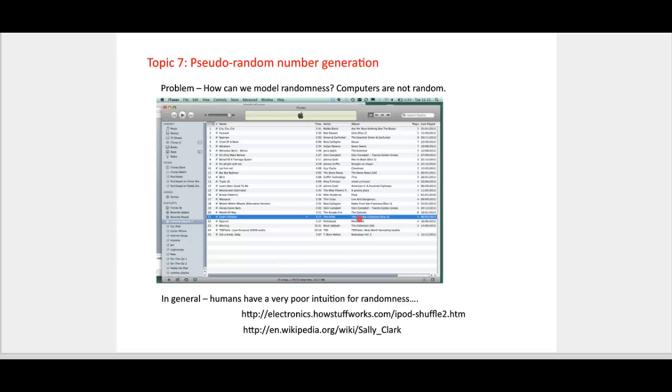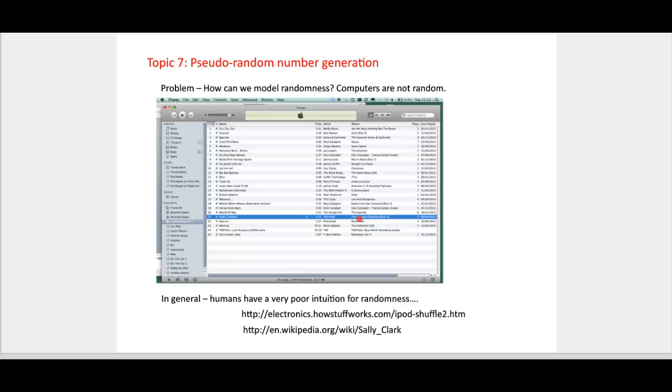They would put on a random shuffle and lo and behold, two songs from the same artist or the same album would turn up side by side. I've got 20,000 songs. How could two songs from the same album turn up one after the other?